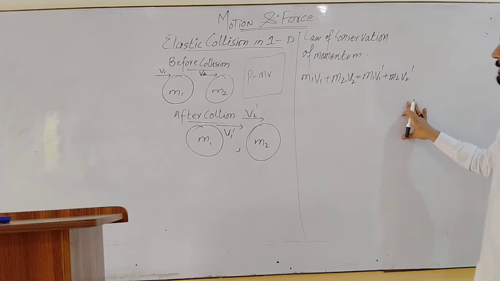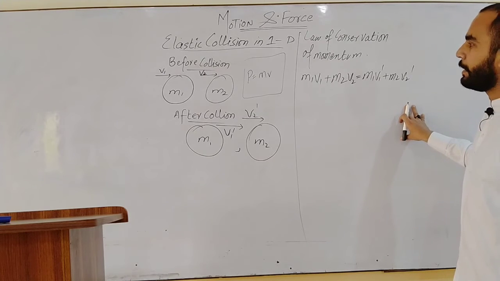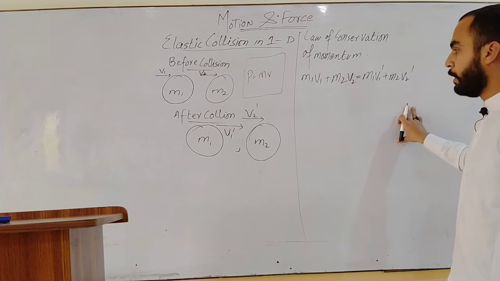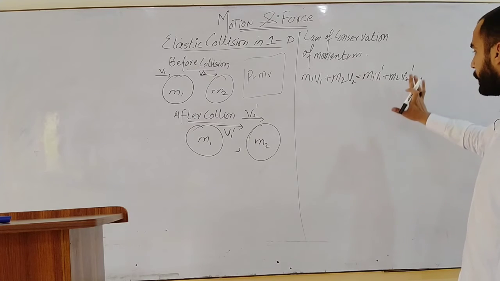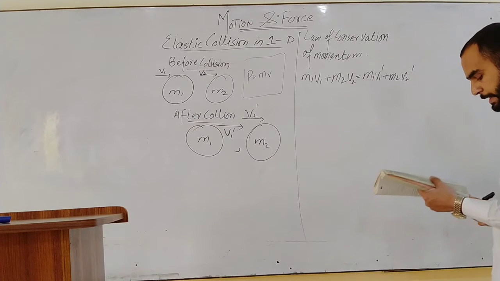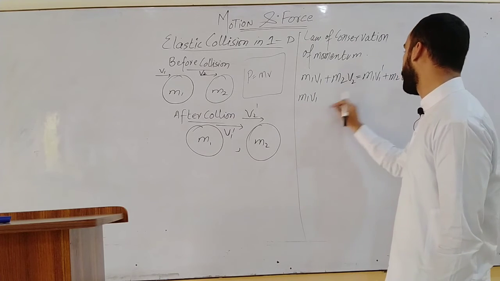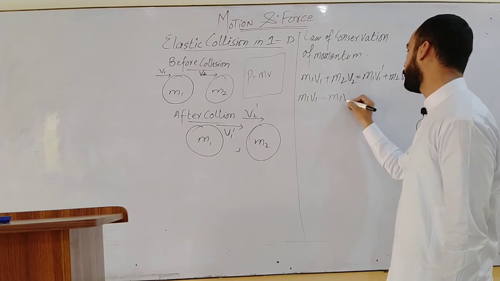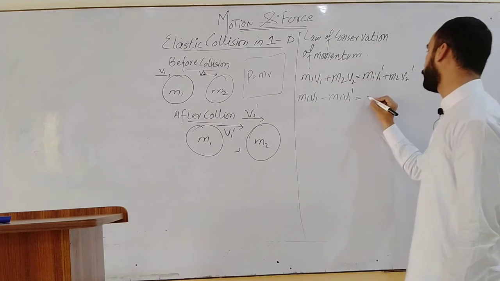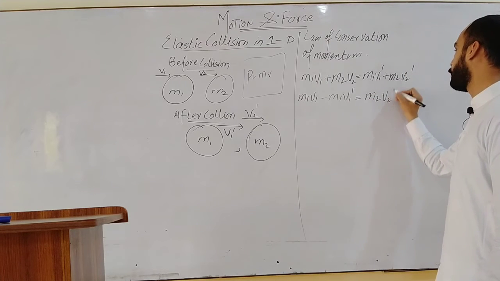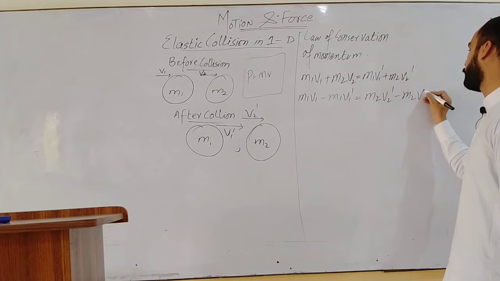This equation will give us the final result for the law of conservation of momentum. By rearranging this equation, we can get m1 v1 minus m1 v1 prime is equal to m2 v2 prime minus m2 v2.